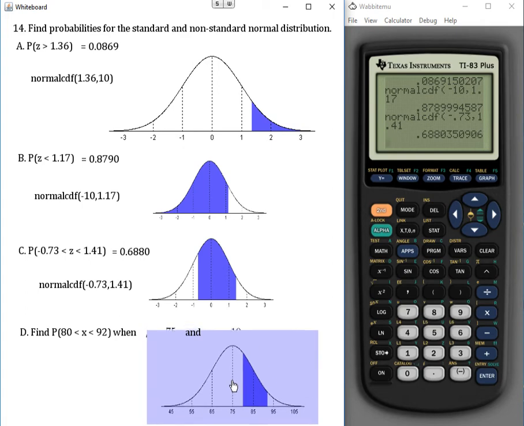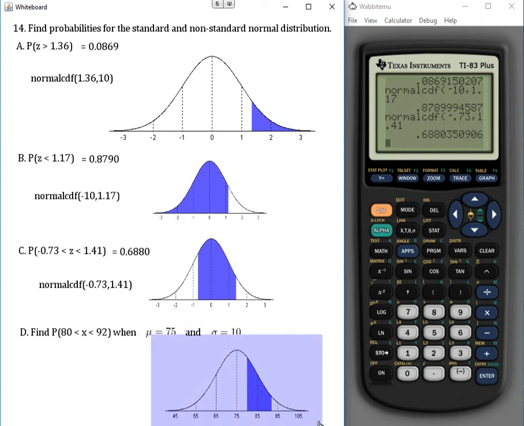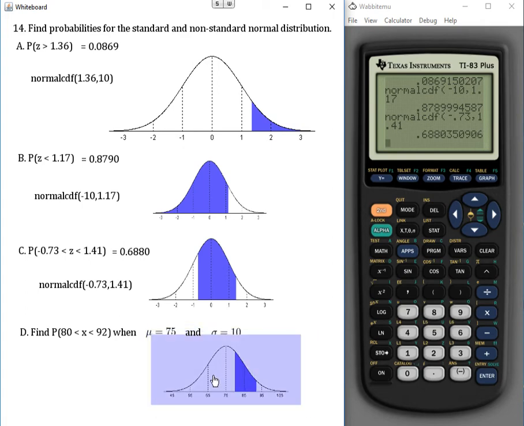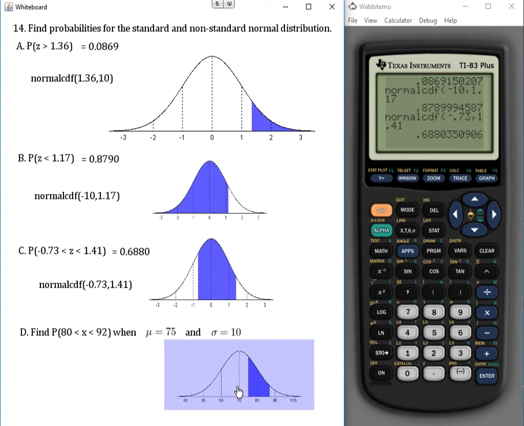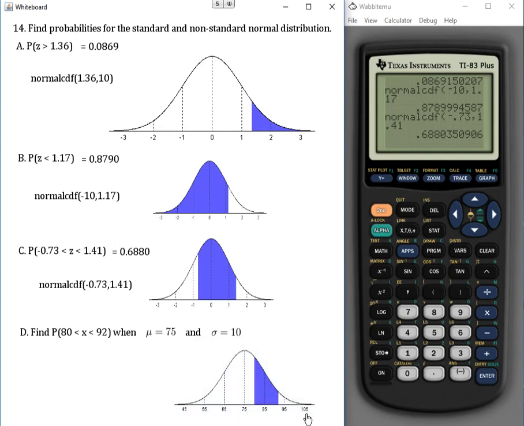That's because the standard deviation is 10 and the mean is 75. So that's why I did it that way. And I've approximated where 80 should be on this scale, and I have approximated where 92 should be on this scale.